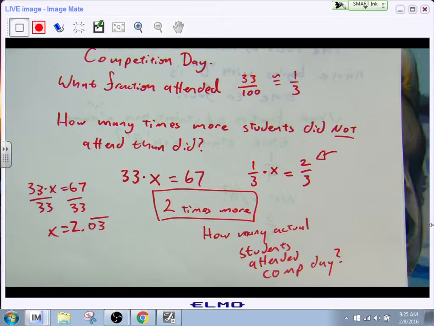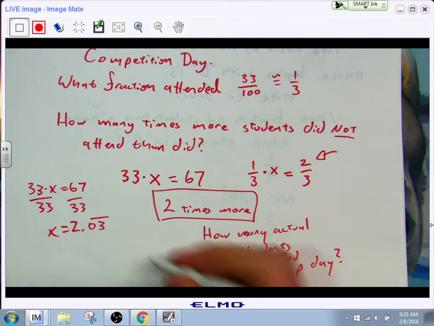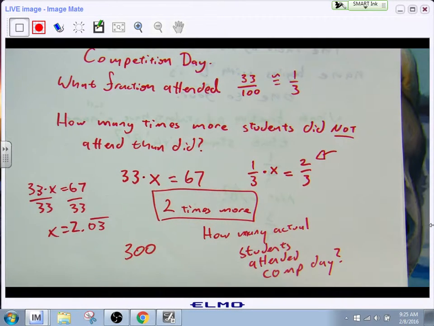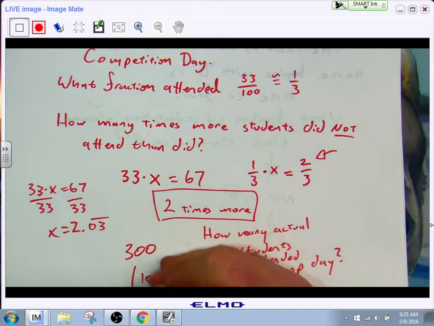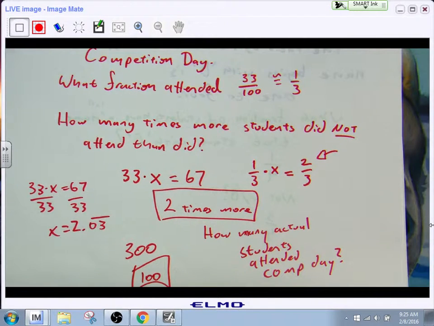How many students go to CMC? Does anyone know how many students go to CMC? 300 students. I think we're technically at 298 right now, but we'll say 300 for the sake of the math. So how many kids were here on Thursday? 100. The actual number, of course, was 101, but we'll round.